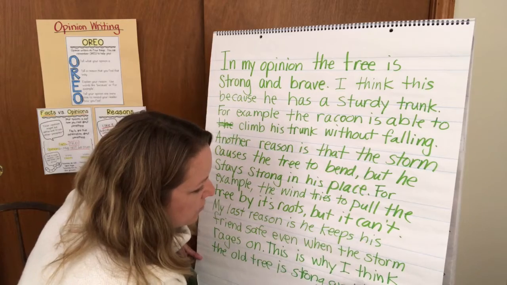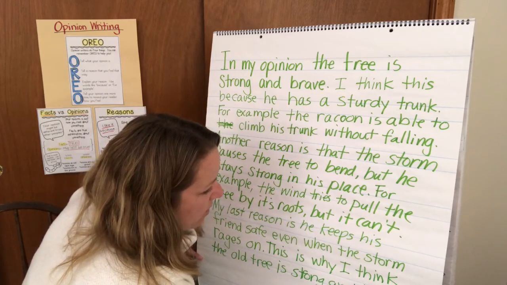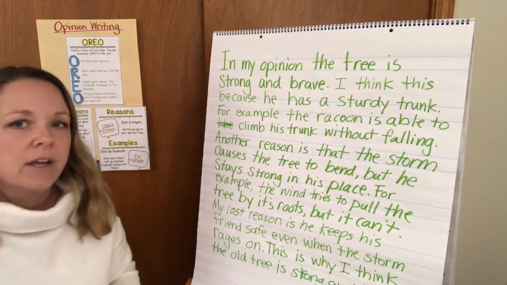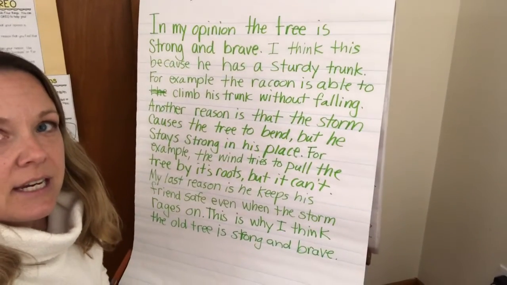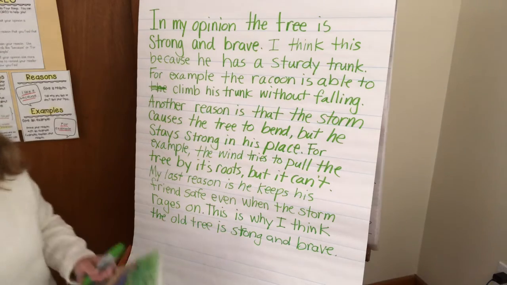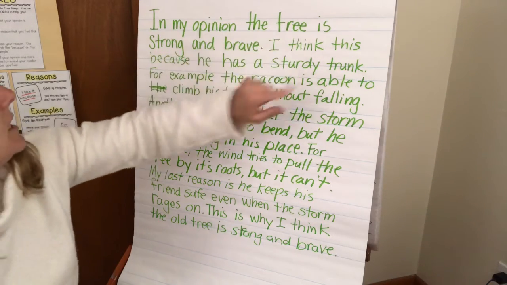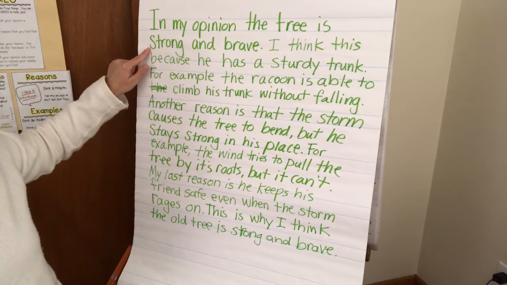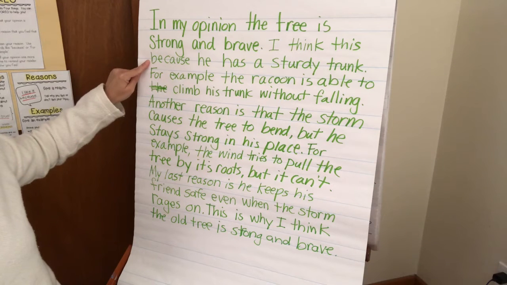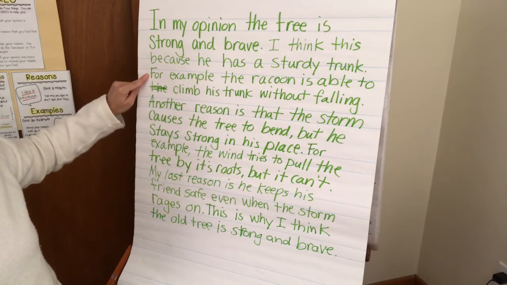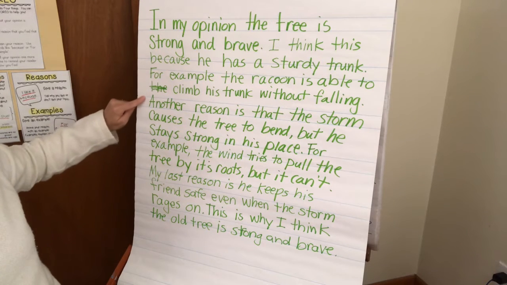Now, all good readers will go back, reread their writing, and then check and see if it all makes sense. So let's go back and reread. In my opinion, the tree is strong and brave. I think this because he has a sturdy trunk. For example, the raccoon is able to climb his trunk without falling.